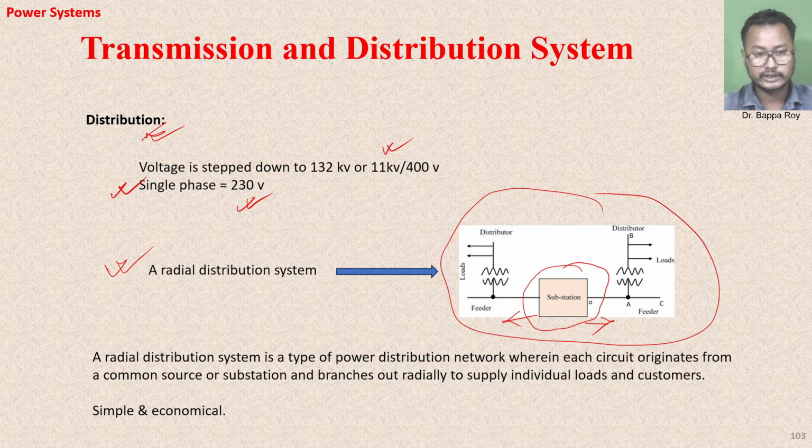So radial distribution means only one substation is connected and distribution lines come out from it to fulfill the load demand. It is simple and economical, so normally this radial system is used most of the time.